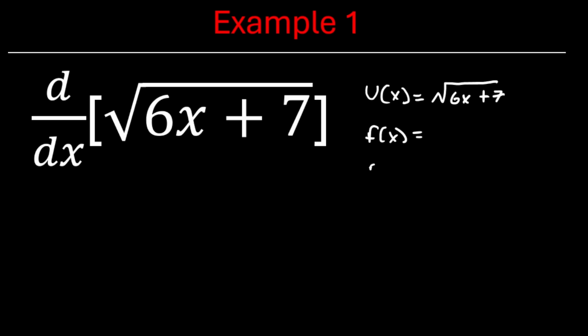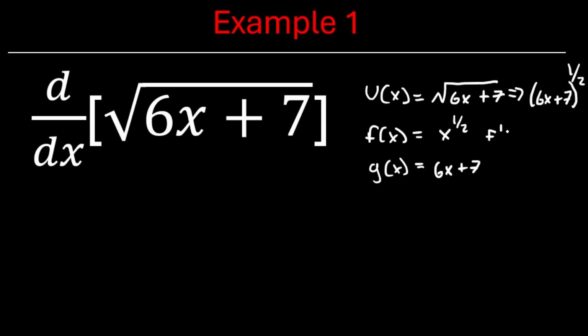We'll again denote our outer as f of x and our inner as g of x. Well, it might be helpful to think of another way to represent this, which you can do as 6x plus 7 to the 1/2 power, right? So our outer function here is going to be x to the 1/2 power. And our inner is going to be 6x plus 7.